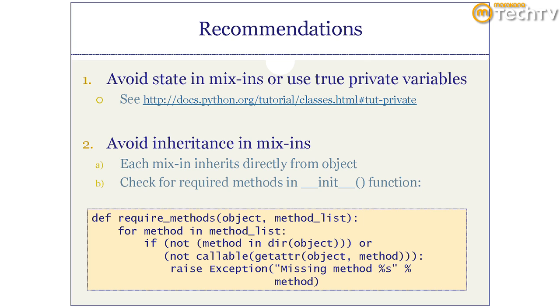Here's some code that will look through the attributes. You tell it, here's my object, here's the methods I need, and it checks that they're defined by some class in your composition. Then you can document it in your class docstring saying I need this method. But when you actually try to instantiate the class, it'll check that it's there. If you do this, then you can combine these mixins in any order and you don't have problems.